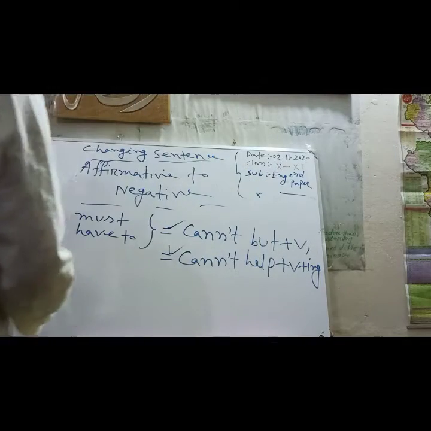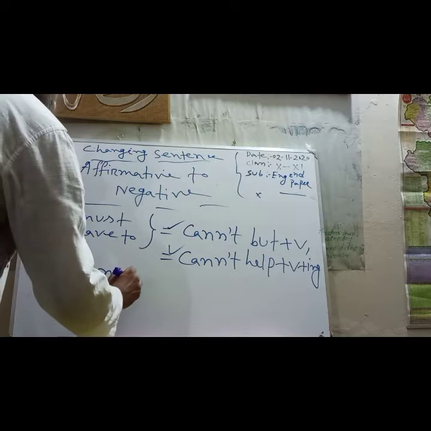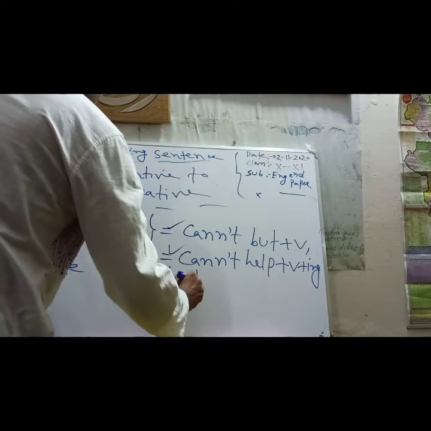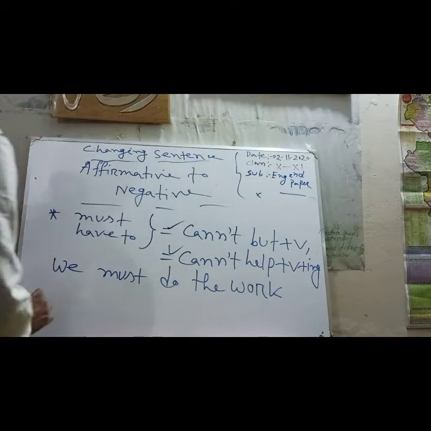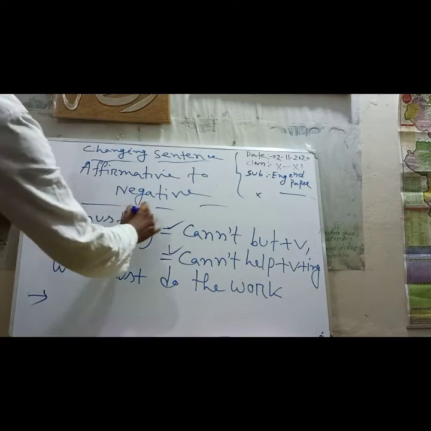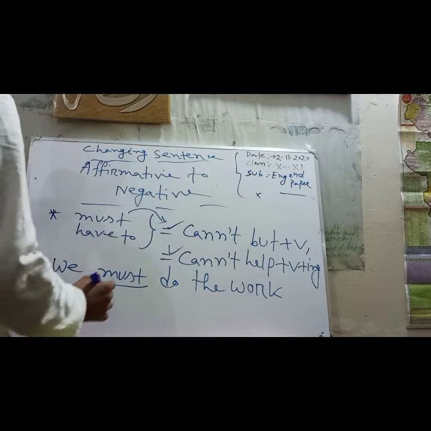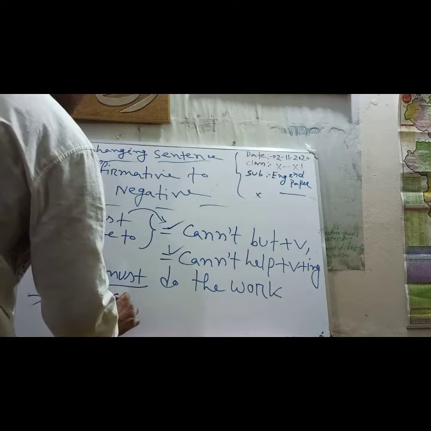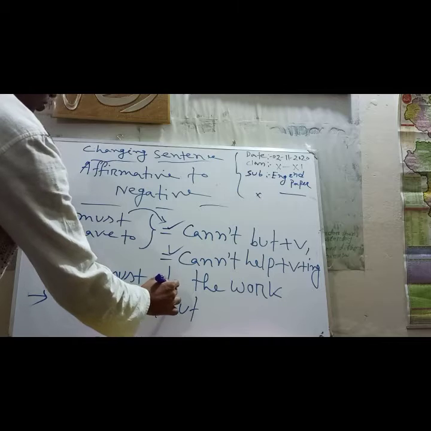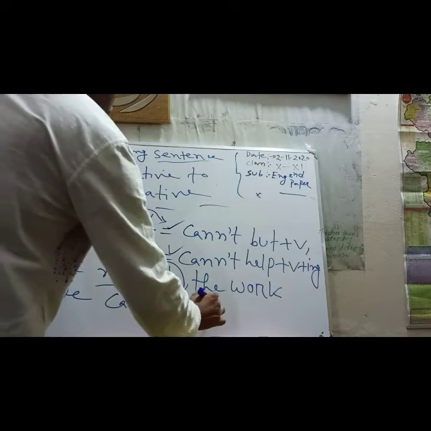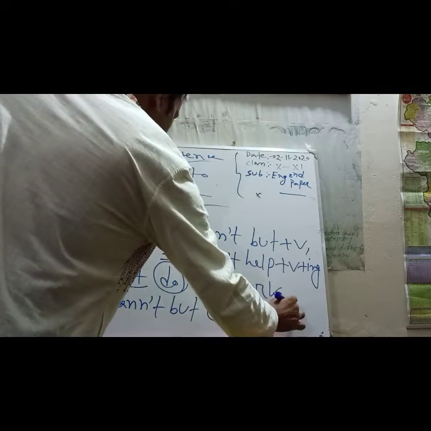Example: we must do the work. So according to the rules, we, subject, must. Instead of must, we use can't but, and then we use the present form of the verb: do the work.